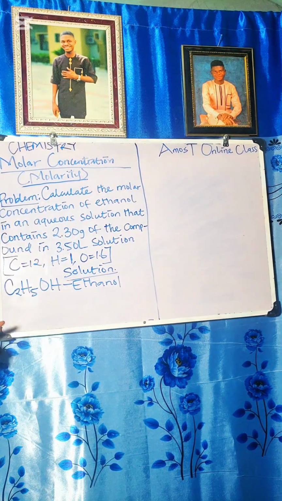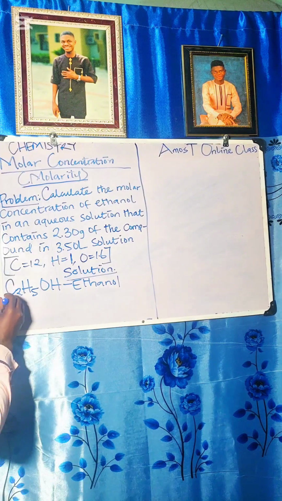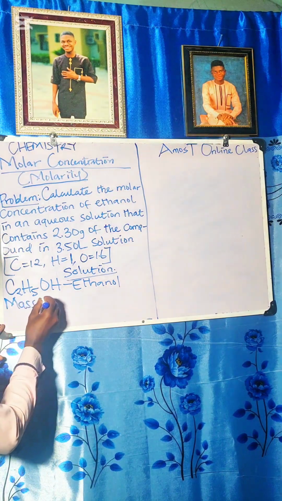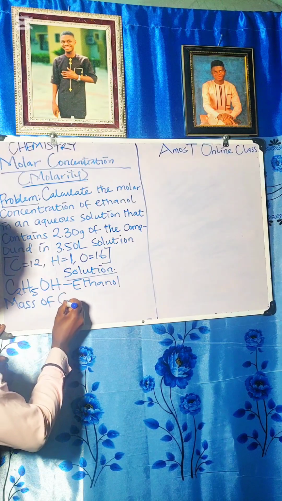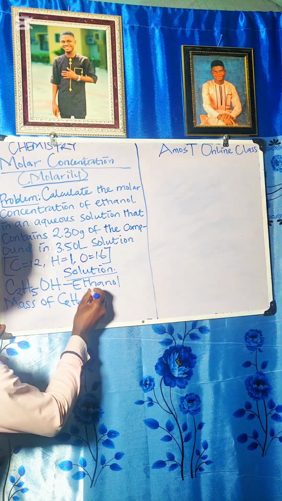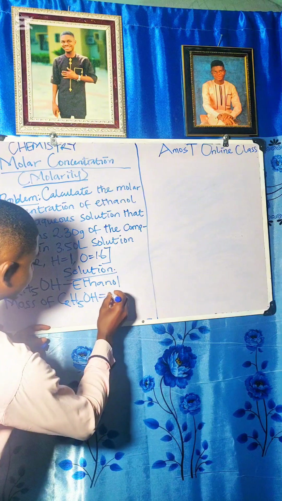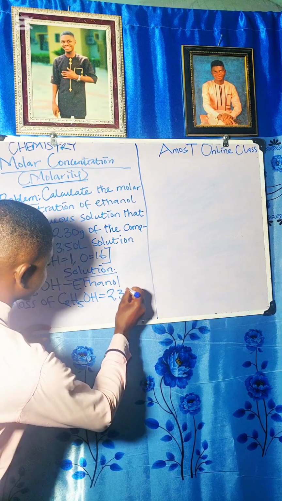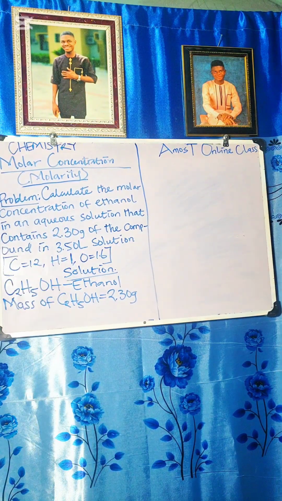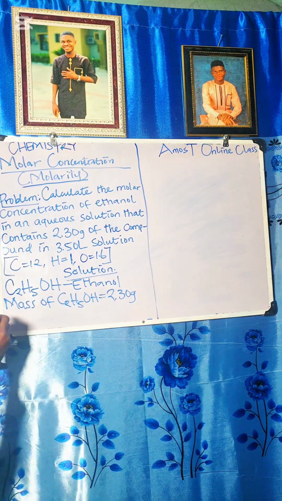Now from the question, the mass of ethanol is 2.30 gram. So volume of solution is 3.50 liters.